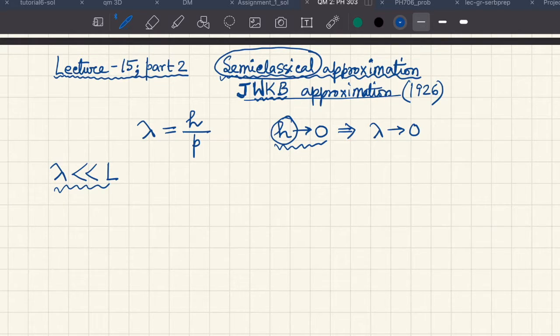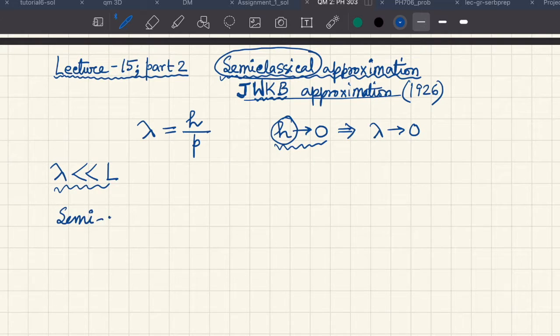So the semi-classical approximation basically will be set up mathematically by thinking of h slash, or h bar, as a parameter that can be taken to be as small as we would like it to be. So that is the important point in the semi-classical approximation scheme.